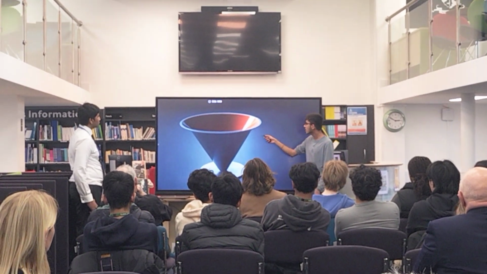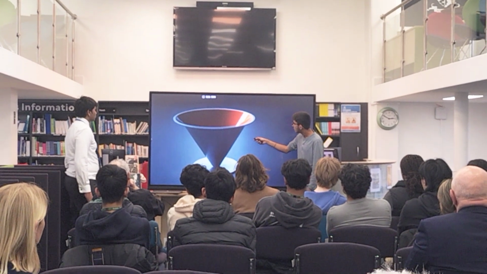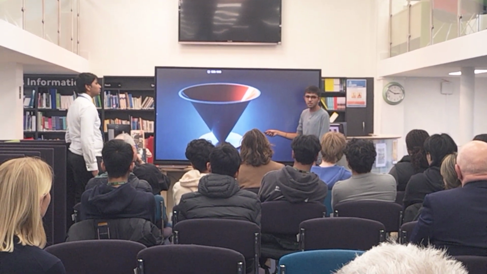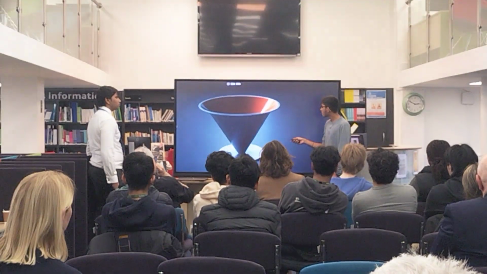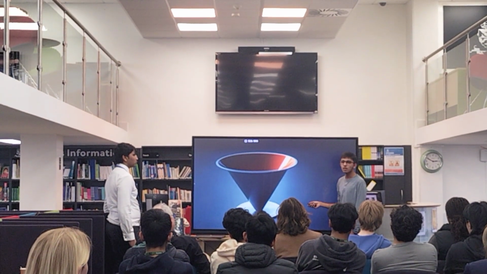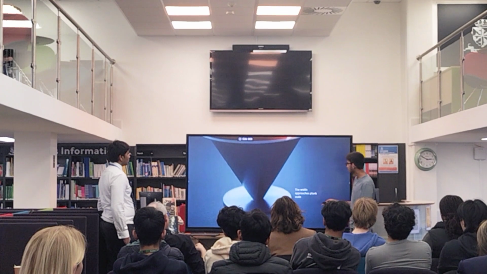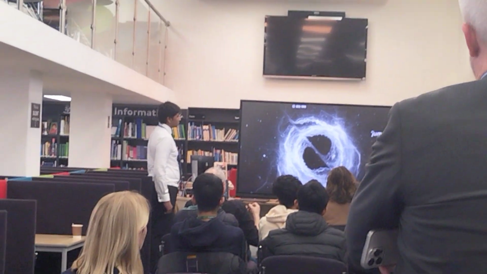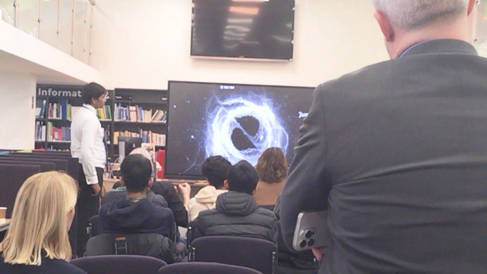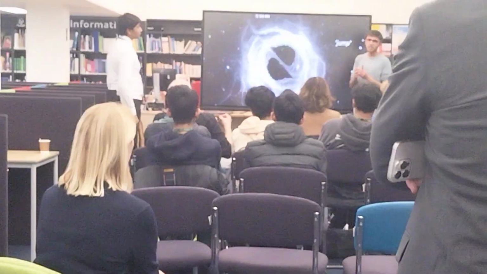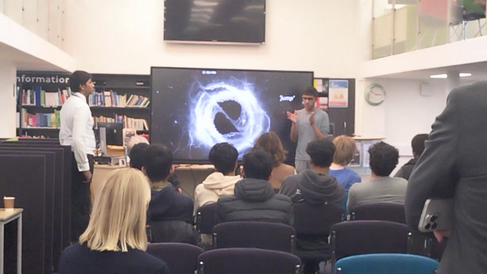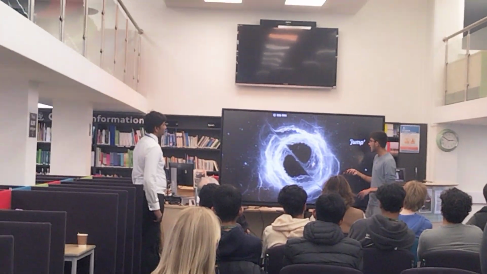So let's say we begin our journey down the black hole. We go down, down, down, down, down. And just as we are about to reach the singularity, the black hole jumps. Now, what does it mean when I say jump? It's a kind of unexplained phenomenon, because the black hole can't shrink any further, so it has to expand.